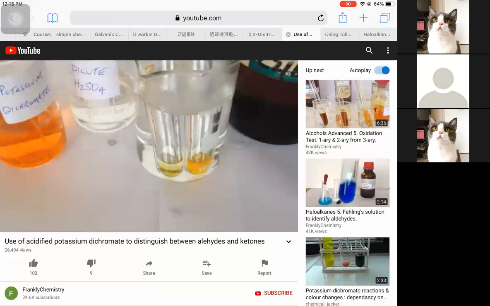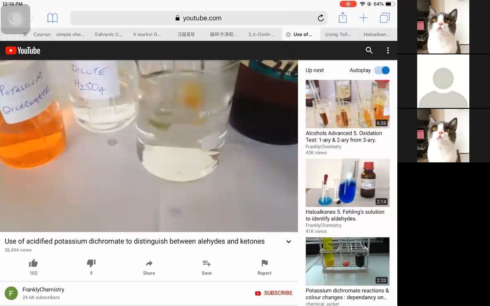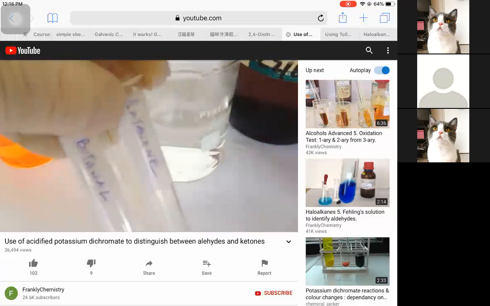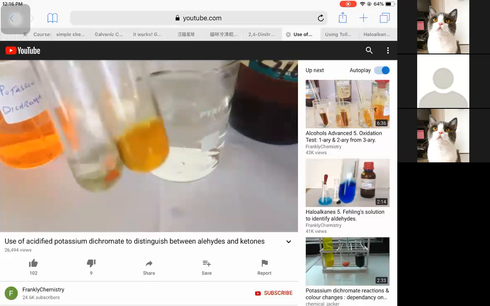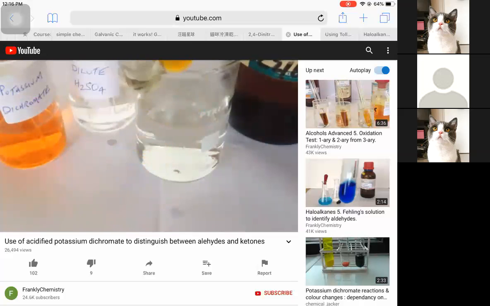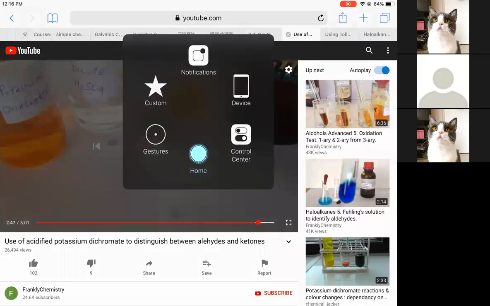Okay, so up to this point, if you gently warm it, it can speed up the process. So you can see on the left-hand side, the color changed to a greenish color. Okay, but on the right-hand side, the color remains the same. It's the same color as the potassium dichromate solution. So this is a way to distinguish between aldehyde and ketone.